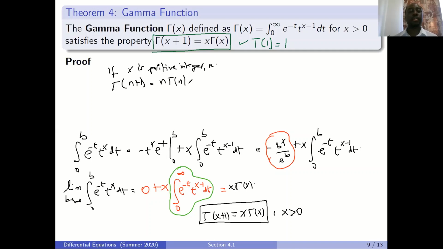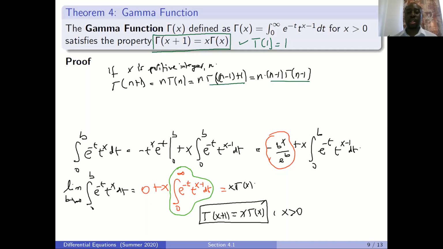And this is the same as n times gamma of n minus 1 plus 1. Then if we apply the same relationship here, this would be n times n minus 1 times gamma of n minus 1.